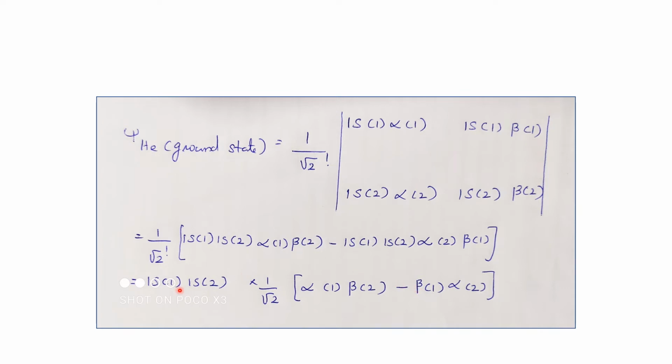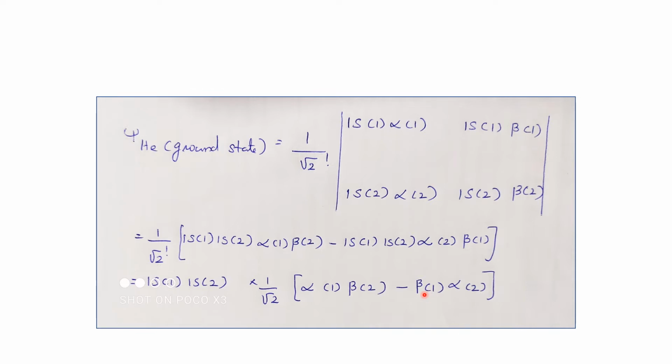And this part, 1s1 1s2, represents the spatial part. That spatial part is symmetric. And this part, alpha 1 beta 2 minus beta 1 alpha 2, represents the spin part.